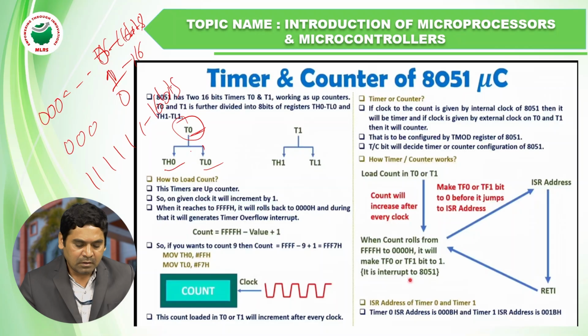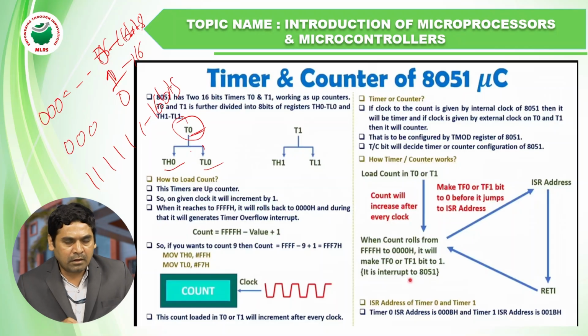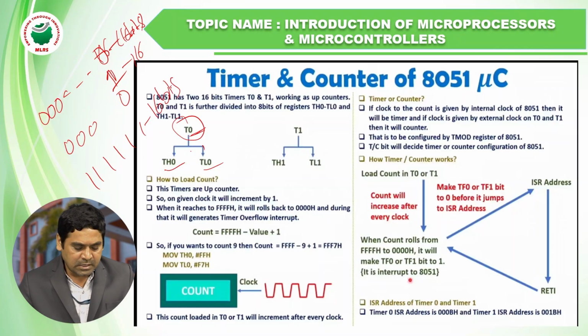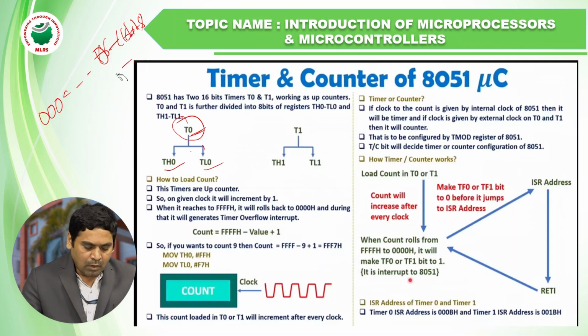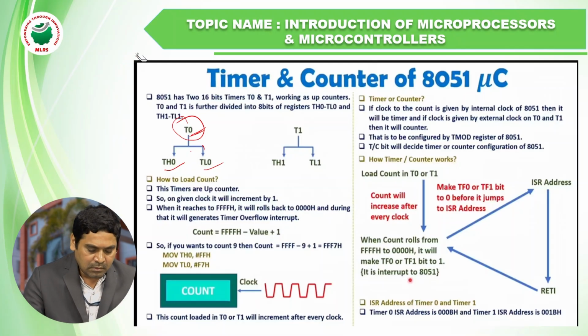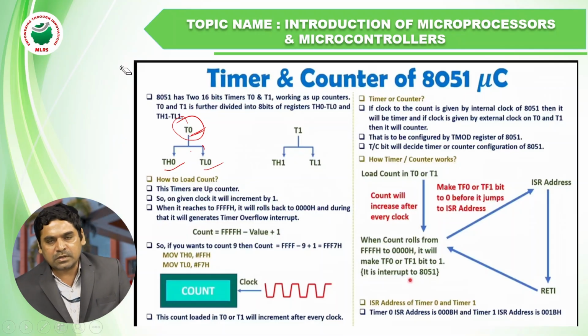I am telling only in binary notation. In the hexadecimal notation, all ones: every 4 bits contain F in hexadecimal, the other 4 bits F, the other 4 bits F, and these 4 bits F. The count is completed, then it comes back into count, as the clock is a continuous process.